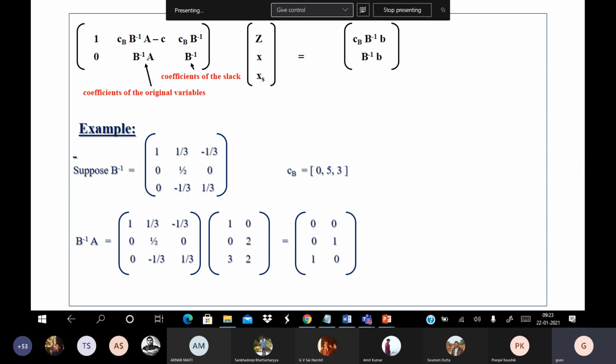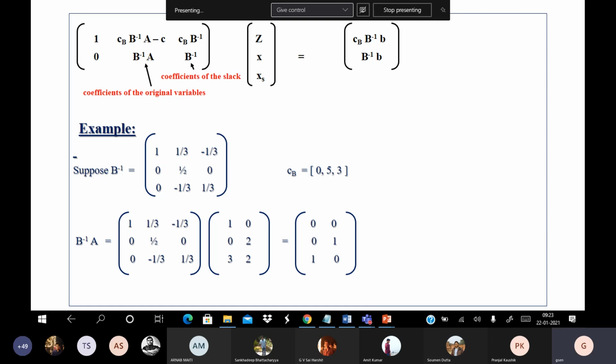But I want the entire column, including the constraints, right? So which expression will give me that? For the minimum ratio test, where will I get that column? Which expression gives me the column for x2 here? B inverse A, right?